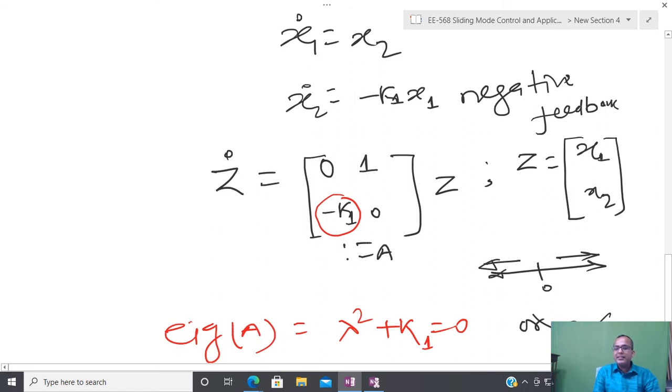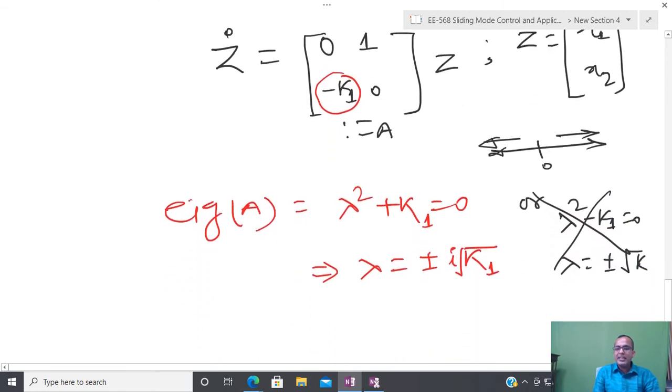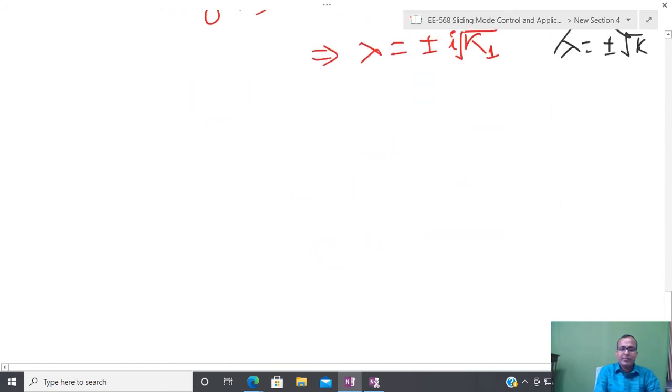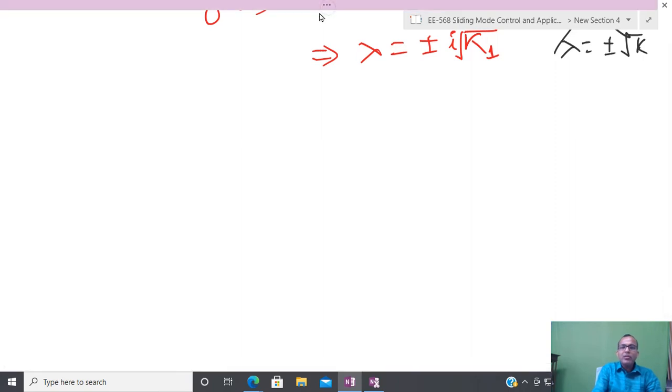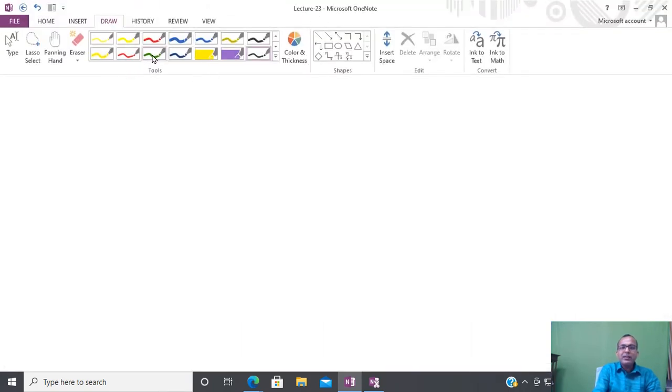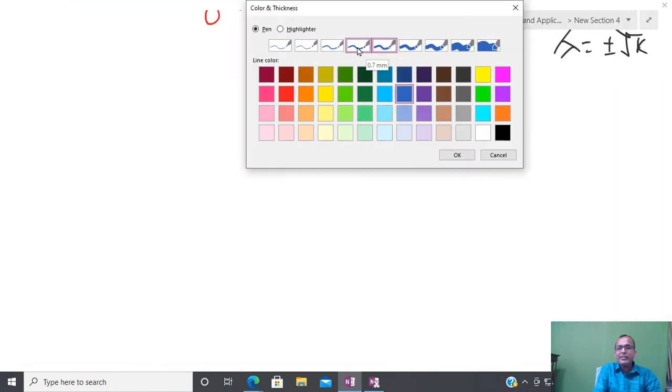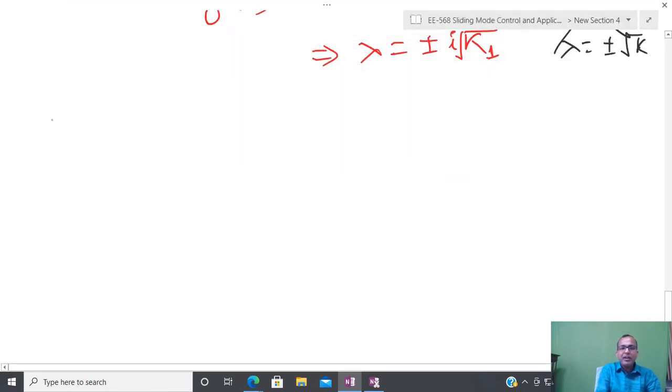Now try to analyze this dynamics. In this particular dynamics, you can see that I have some kind of complex number. So now we try to understand what kind of property comes into the picture whenever we have complex numbers, particularly for any linear system.